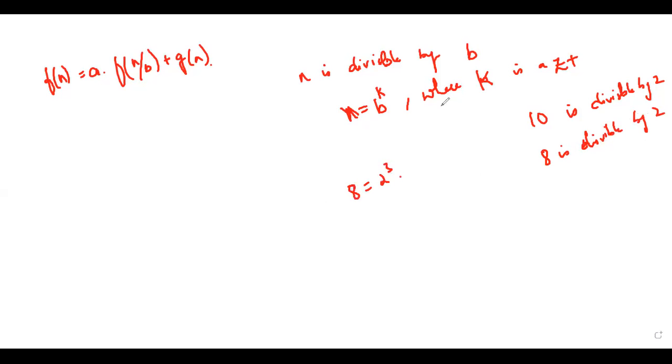So similarly, here we are assuming some number n which is equivalent to b power k, where k is some positive integer. Now based on this, let's see how we derive the size of functions. Let me just do this.